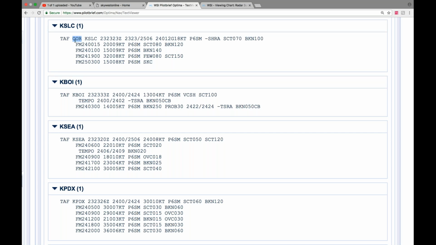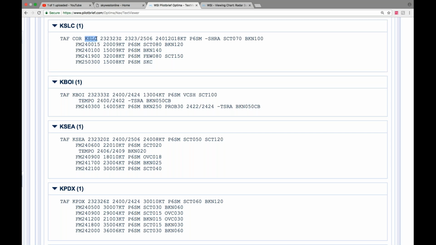This means there's been a significant change in one of the categories, whether it's winds, visibility, or sky condition, that wasn't forecast and wasn't expected to be happening over the next day. A corrected TAF is just when they go in and make a quick correction, maybe they were missing something. So this is a corrected TAF. Like I said before, the other type we'll see is an amended TAF.